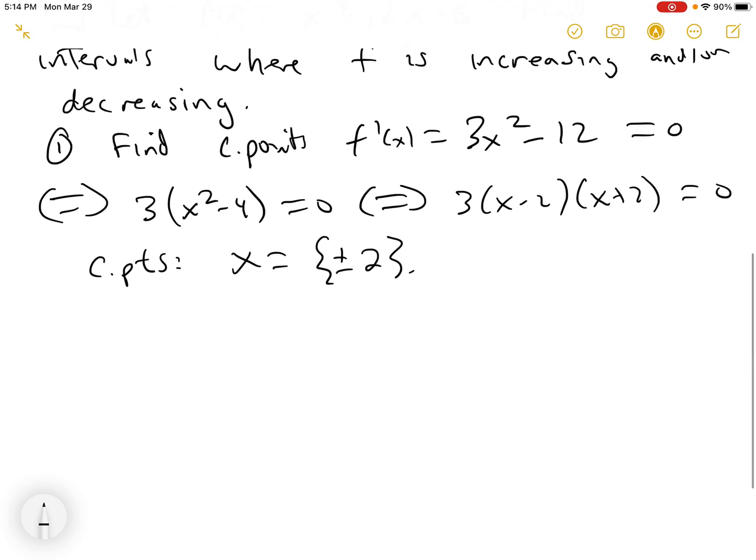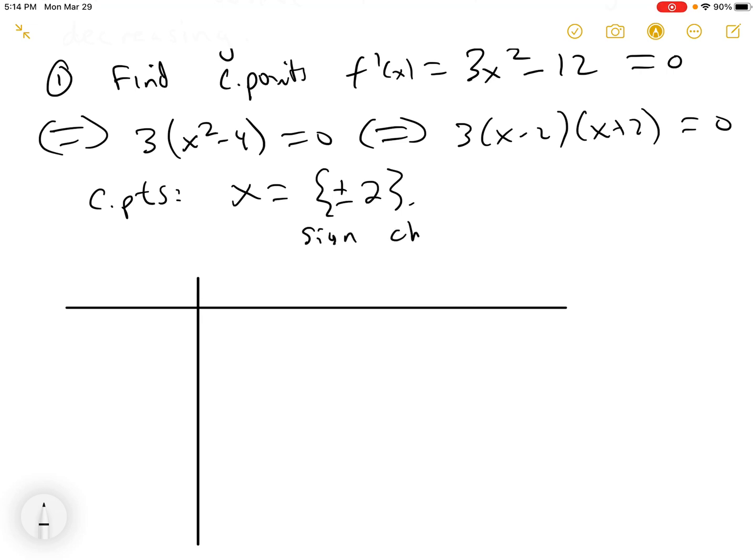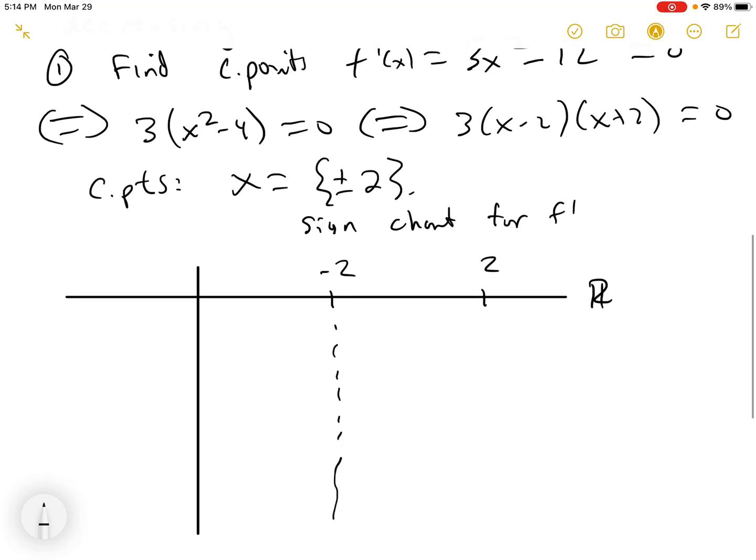And so this is how you do the sign chart for f prime. You make something like this. This is a sign chart. F prime. And this is just the real number line. So we're going to plot our two critical points there at minus 2 and 2 and make dashed lines here.